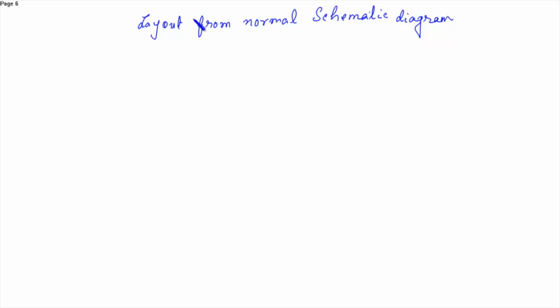Now let's see the layout from the normal schematic. From the normal schematic diagram, so in the normal schematic, the PMOS is drawn as, okay, this needs more space, so let me clear this.